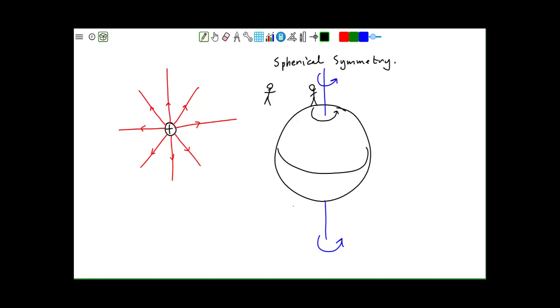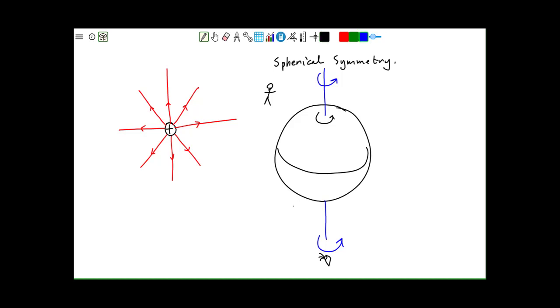Without that person there, though, you would have no idea that the sphere was rotating because every portion of the sphere looks the same as every other portion. Now, you could even change your perspective. Let's say we're looking up on the sphere from down below. The sphere looks the same. We could even switch the axis of rotation.